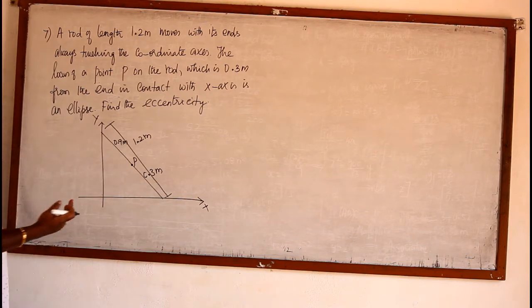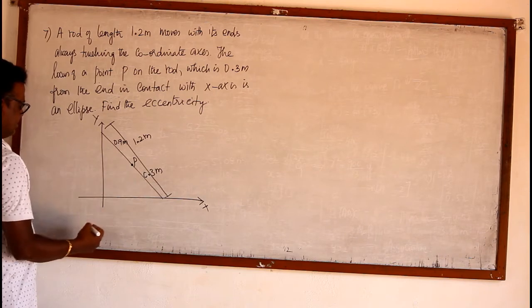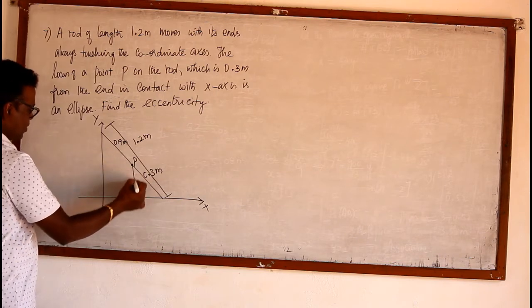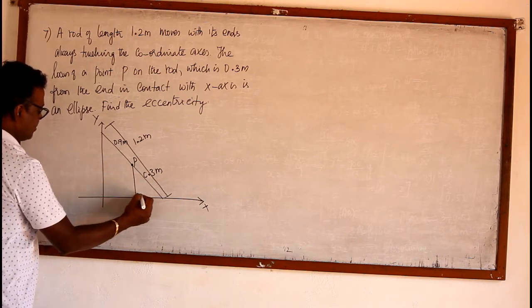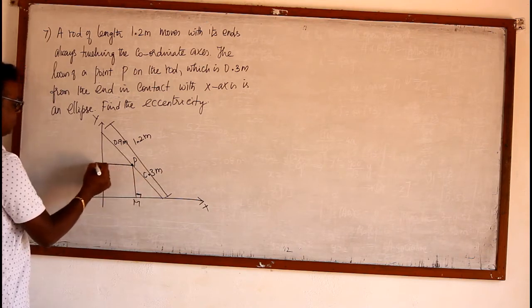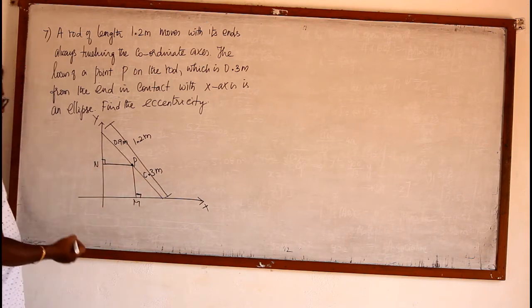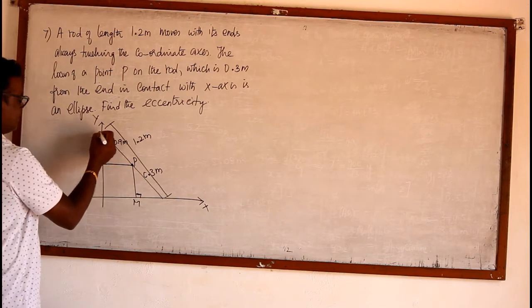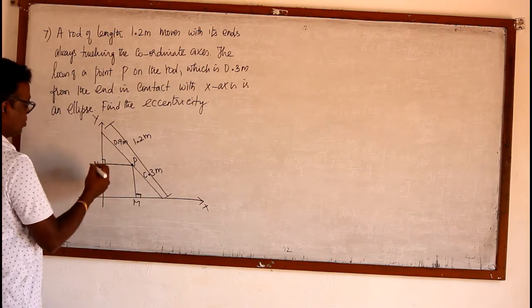There are several methods, but we shall do by this method. Let me draw PM perpendicular to the x-axis and PN perpendicular to the y-axis. Then automatically we will be getting two right triangles.